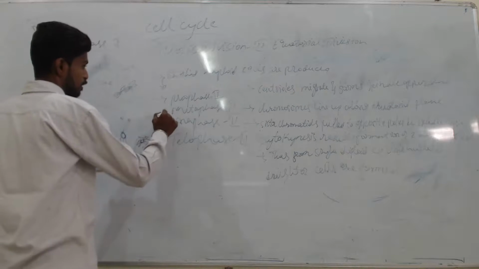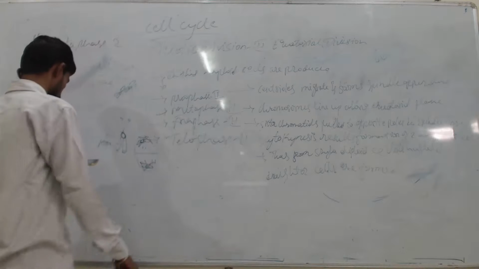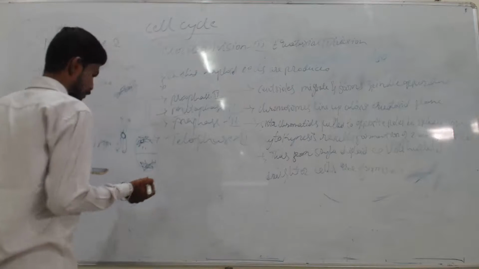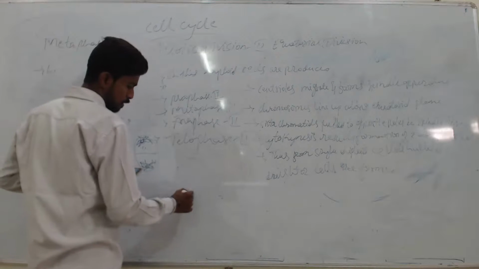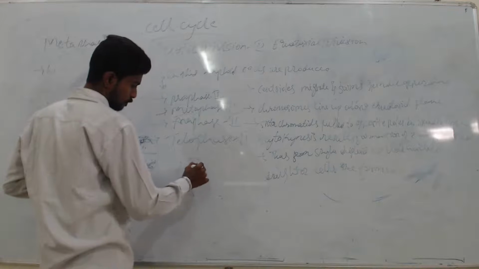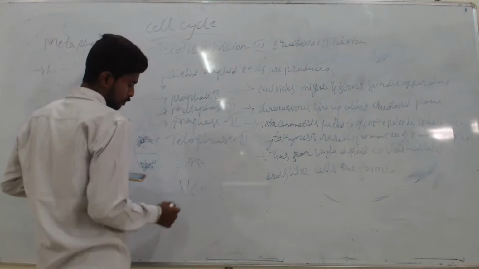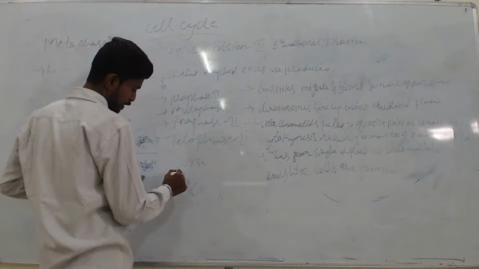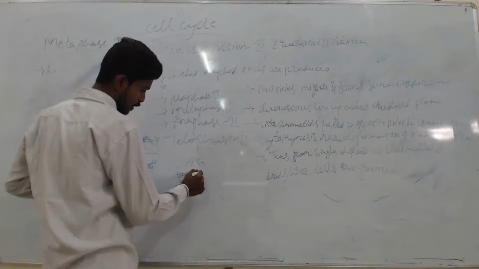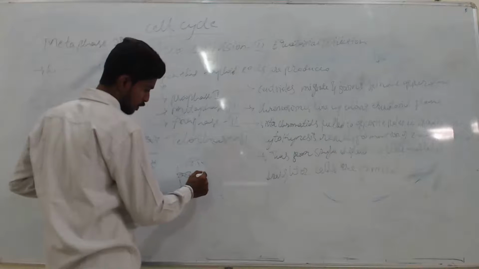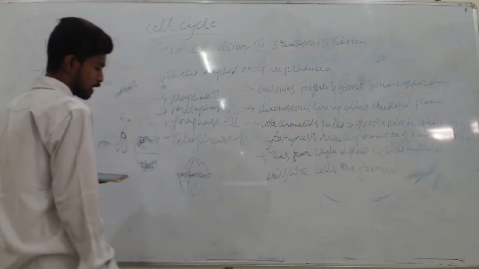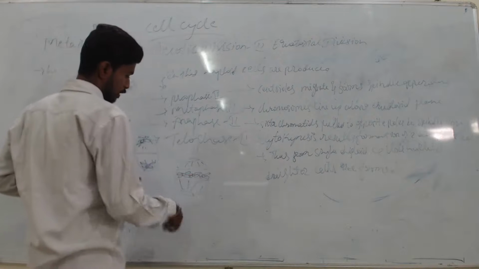In metaphase 2, the chromosomes line up along the equatorial plane. This is the cell. The chromosomes come and arrange in the center of the cell, or in the region of the equator.